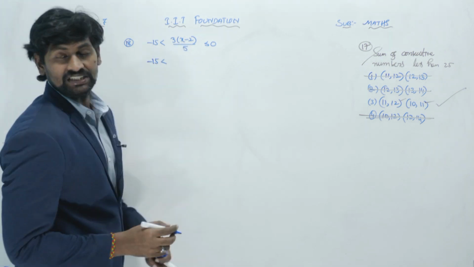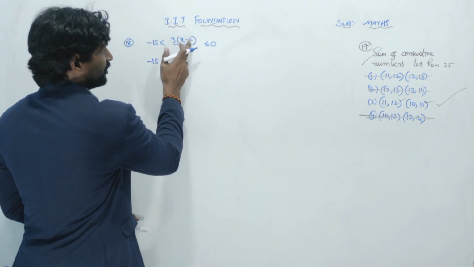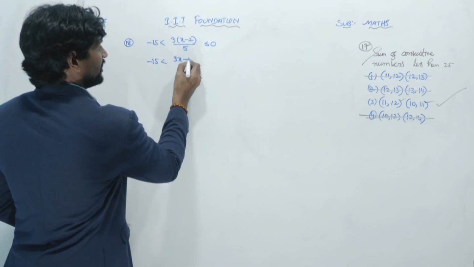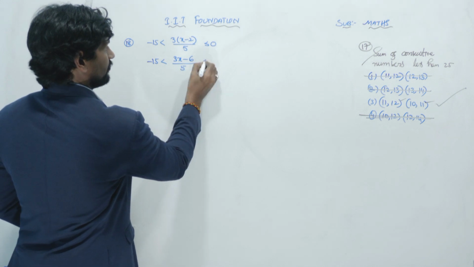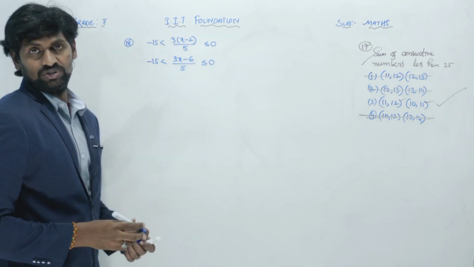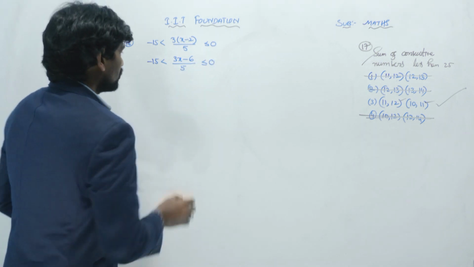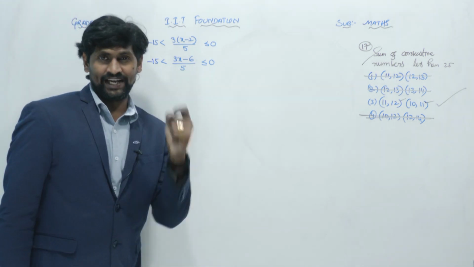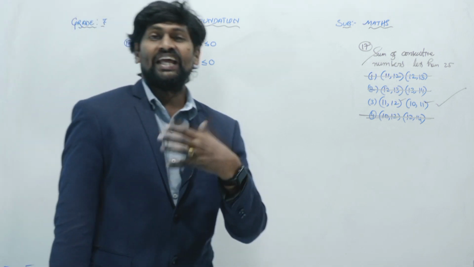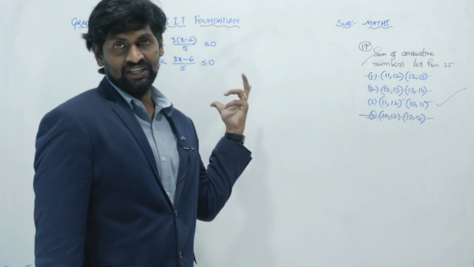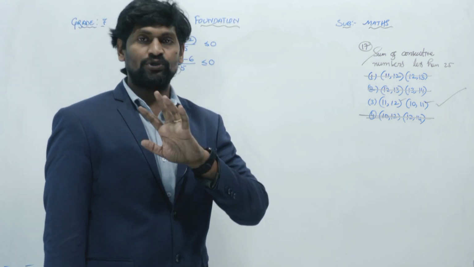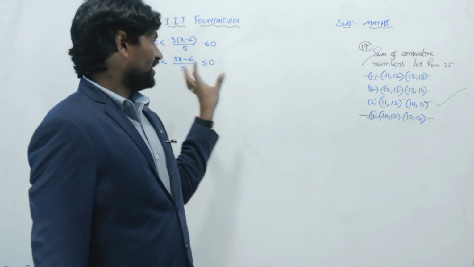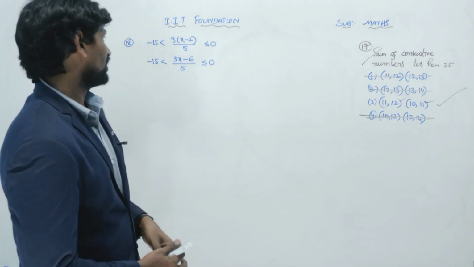Multiply the middle term by 3: 3 into (x minus 2), just multiply. 3 into x is 3x, minus 3 twos are 6, by 5, less than or equal to 0. Okay? So remove the 5, because in the middle term we need only x. Any extra elements involved in the middle term, we try to remove from every part of this inequality.